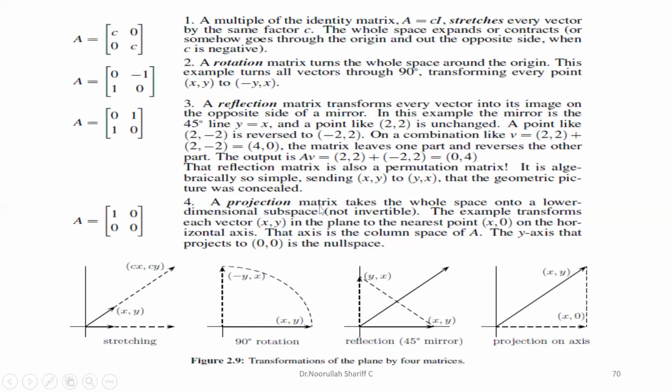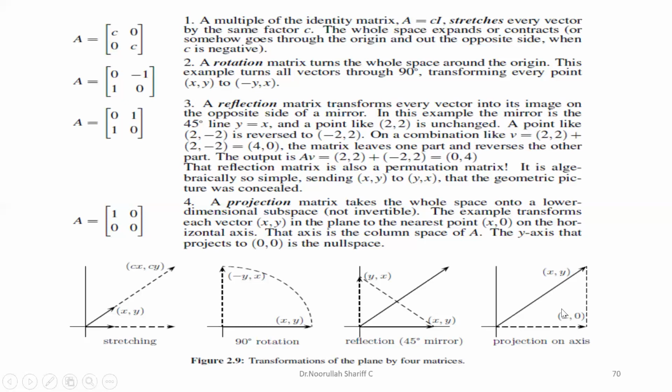Then we have the projection matrix. If you have a point XY, and it is projected onto the x-axis, then the value of y is going to become equal to 0, and the value of x is going to remain the same.